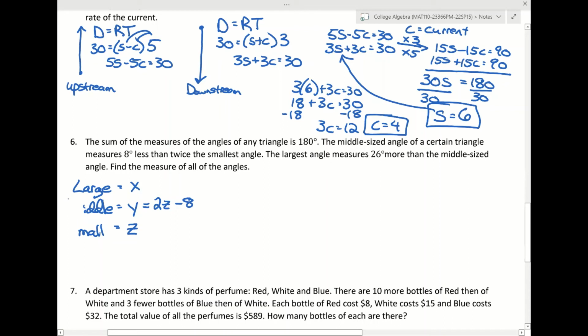Okay, so let's go to the next sentence. The next sentence is the largest angle, which is this one, measures 26 degrees more than the middle-sized angle. So how can we write that? The largest is the middle angle with 26 more.